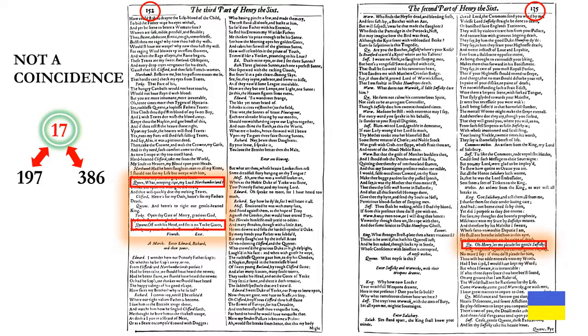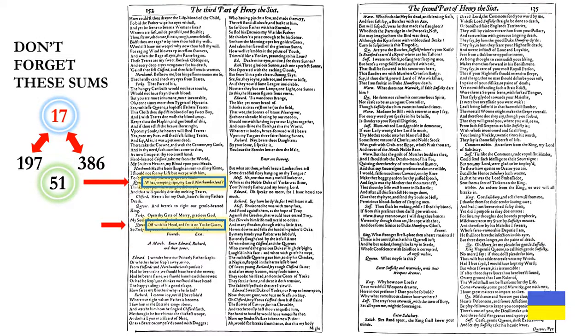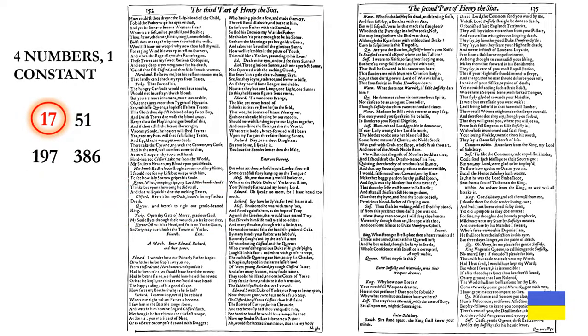I believe that this is not a coincidence, and it's further proof that the compositors and publisher of this book included dozens of clues and hints as to the identity of the real author of the plays. And don't forget these sums that match. 51 is 17 times 3. We have 4 numbers and 1 constant.